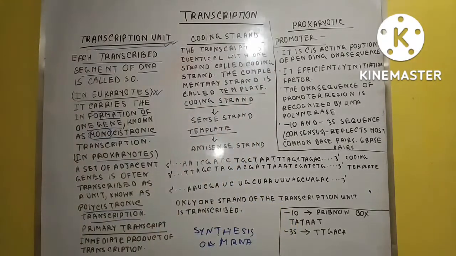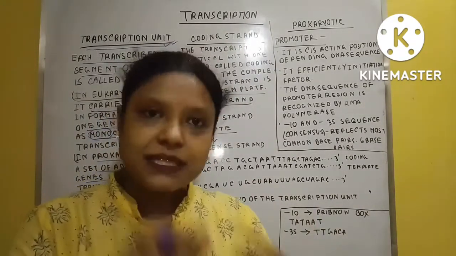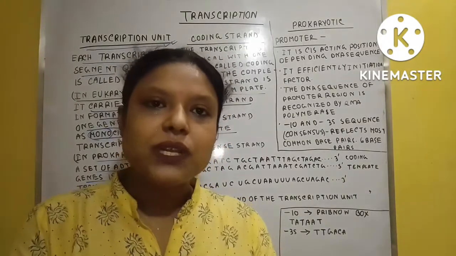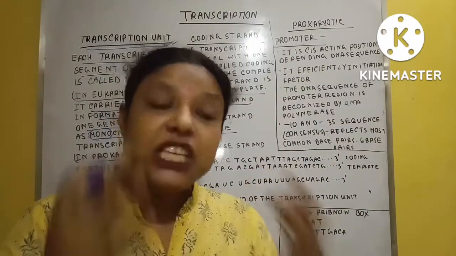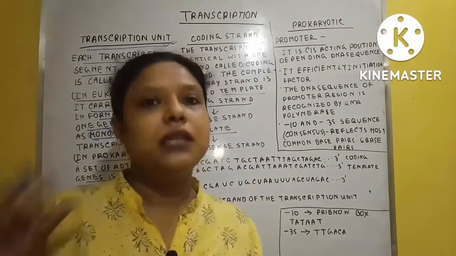Clear? So here in the polycistronic transcription, a set of adjacent genes is often transcribed as a unit. Obviously you can understand that the genes that remain in an adjacent area actually act as a unit, and the transcription is seen in that unit.